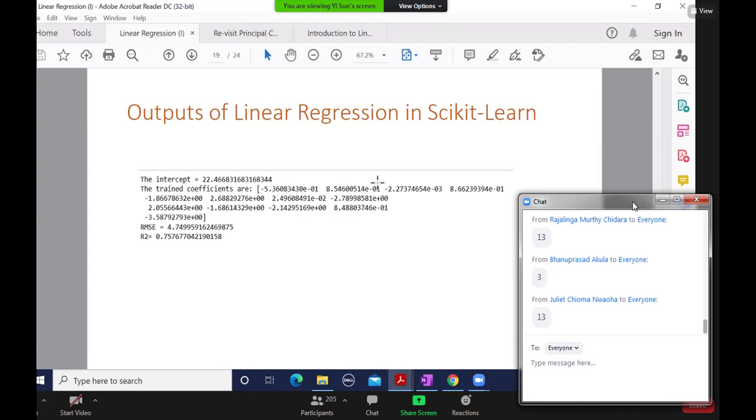We have 1, 2, 3, 4, 5, 6, 7, 8, 9, 10, 11, 12, 13 features. So we should have plus A13 X13. And each of these A1, A2, A3 to A13 corresponds to the coefficients shown here.